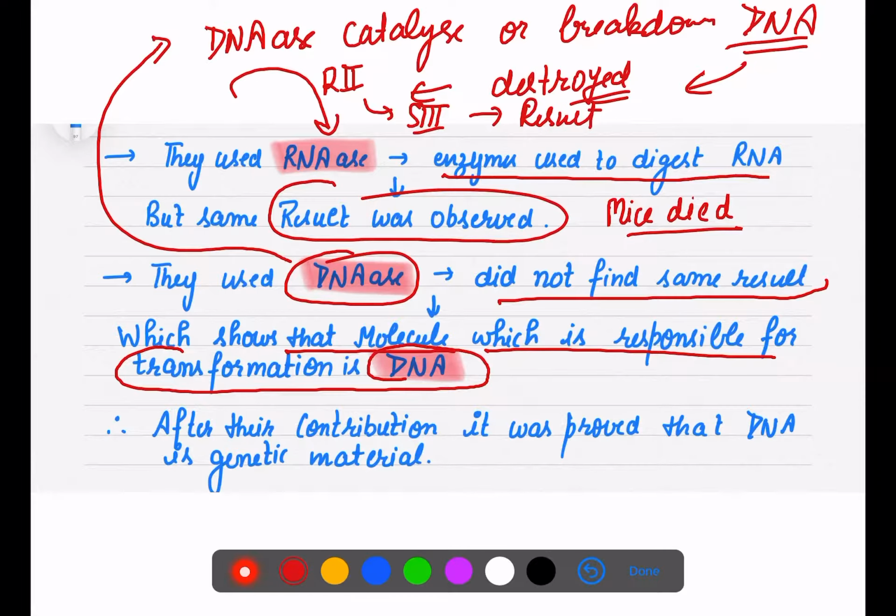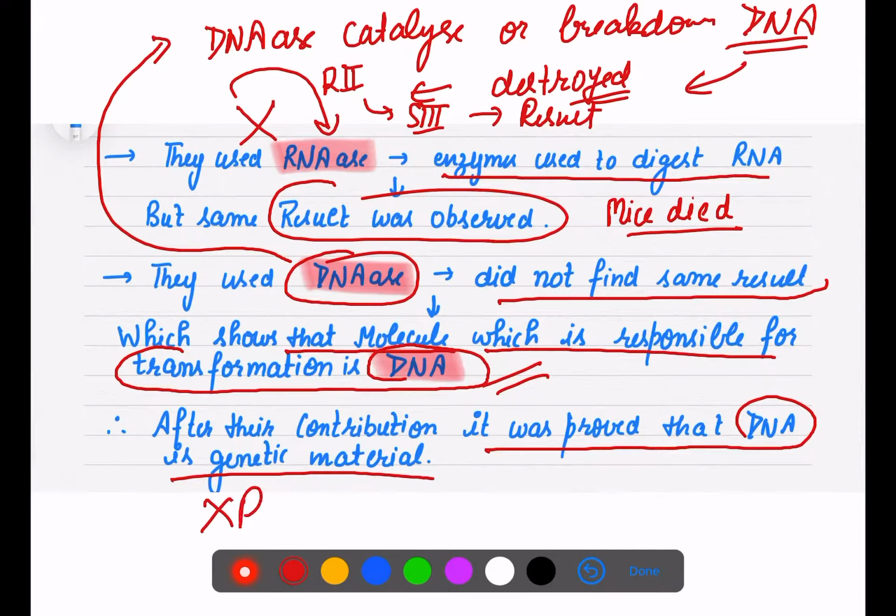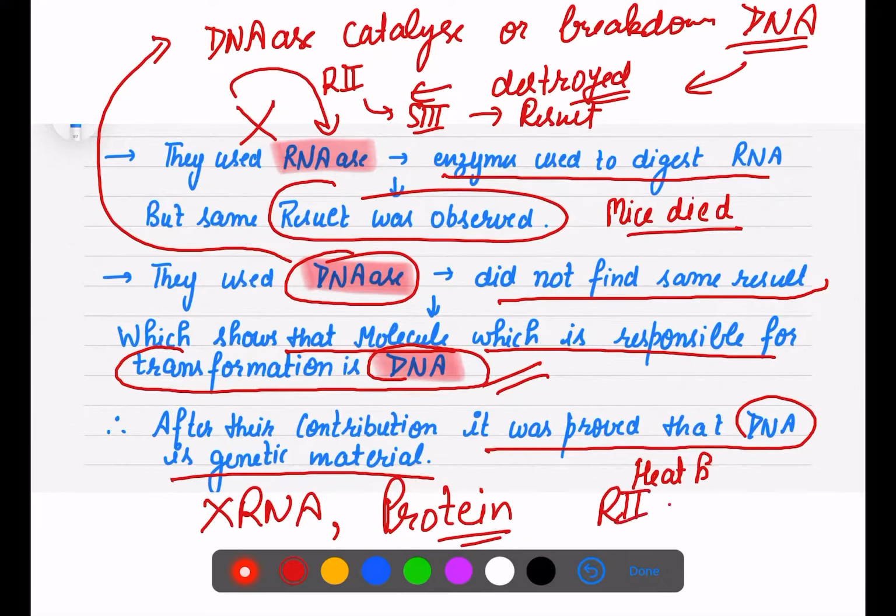This confirmed and proved that it is DNA. It is not RNA. It is not protein. It is DNA which is changing the R2 into live S3. Right? That proved DNA is the genetic material.